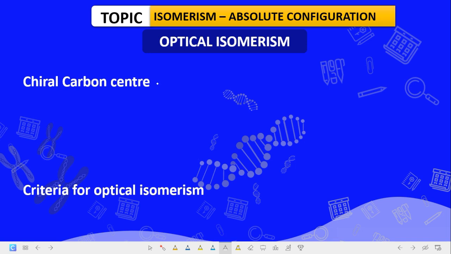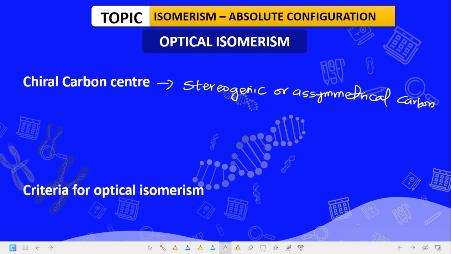Now the question is, what is a chiral carbon center? A chiral carbon center is also called a stereogenic or asymmetrical carbon center.